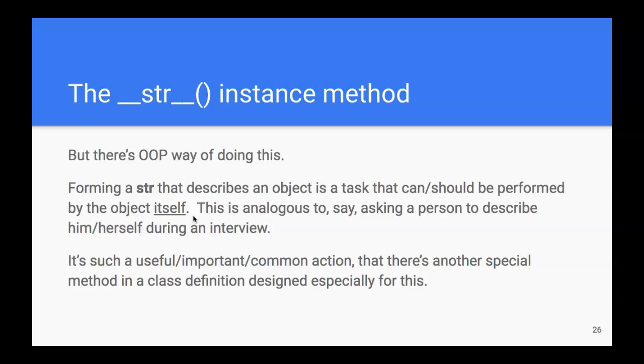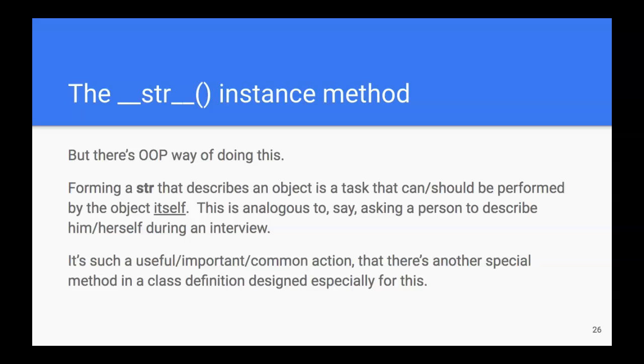This is kind of like, when we go in for an interview, we're asked to give a little description about ourselves. So we can, quote unquote, ask the object to describe itself for us.